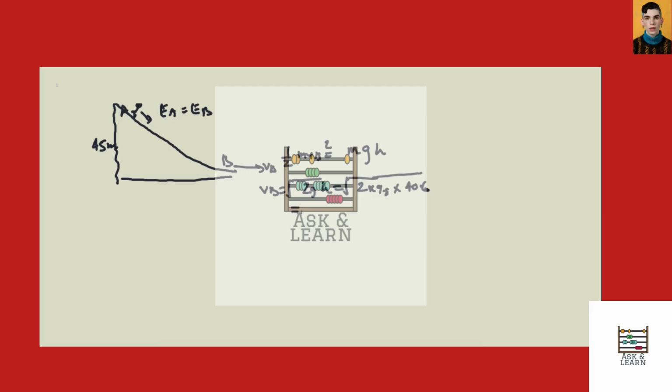And the answer is 28.2 meters per second. So that is the velocity of the skier at this point, which is the horizontal velocity, 28.2 meters per second.